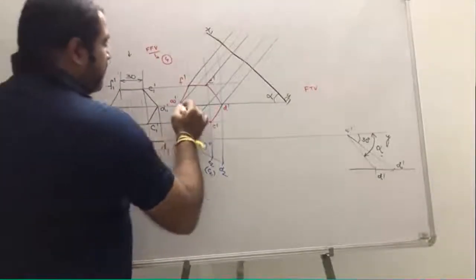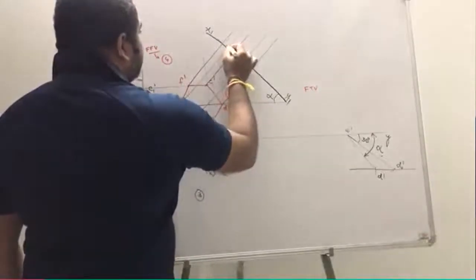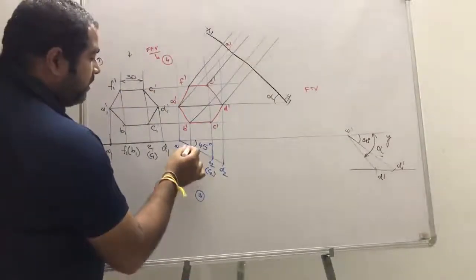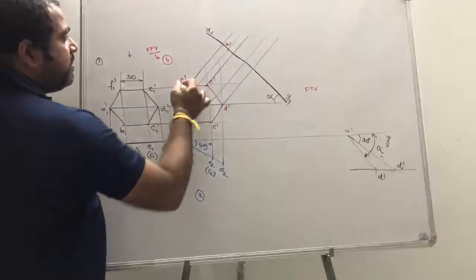Let us see here. A point is going to be on xy. You just take my projector, so this becomes your A. Next, F. Take the distance of F and B, some distance from xy.